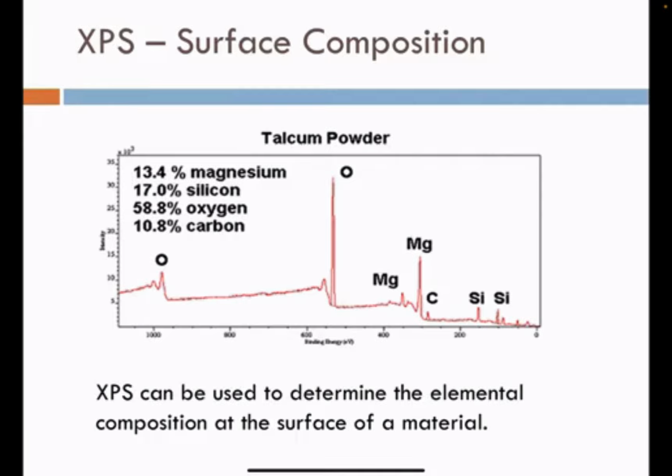So in this characterization, we can see that oxygen has been detected in two different spots. There are two different orbitals of oxygen from which we can eject electrons, and we also see magnesium showing a couple of spots, and in addition carbon here allows the relative composition to be determined.